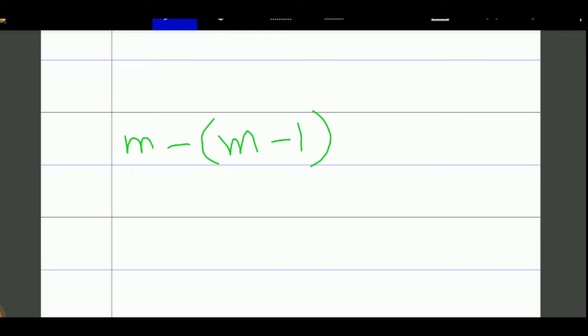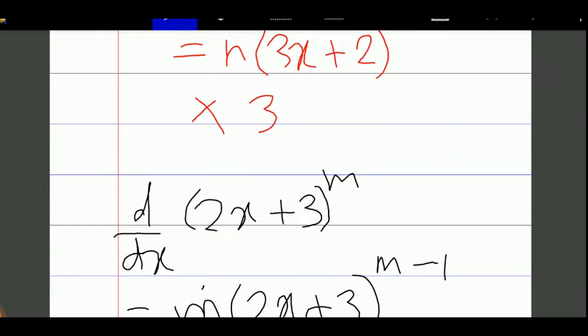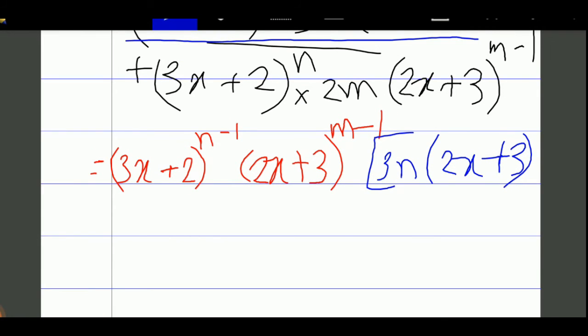After taking common it gets minused, so that becomes m - m + 1, and plus 1 is remaining. That's how we get (2x + 3) raised to the power 1.